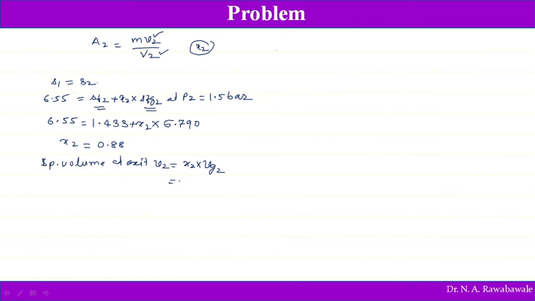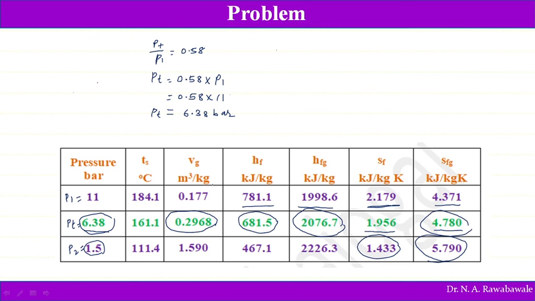So x2 we know is 0.88, into vg2 at a pressure of 1.5 bar, which is given in the steam table as 1.590.